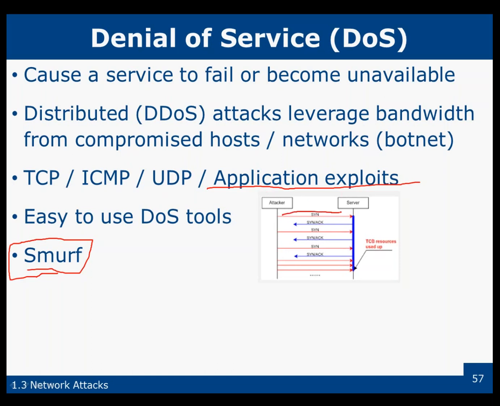The SYN attack is one of the ways to do these things. We send the SYN packet, the SYN ACK comes back, and then we're supposed to send an ACK. But we don't. We send another SYN and we get the SYN ACK and send a SYN and get a SYN ACK. So what you do is fill the buffer up so that other users can't get onto the server. Once the buffer gets full, then it won't take any more connections.